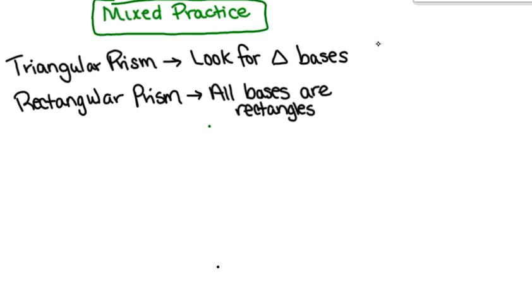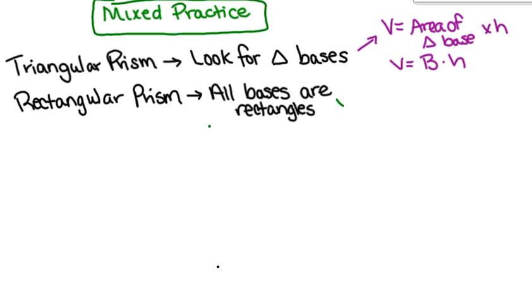Remember that for the triangular prism, you're going to use the formula volume is equal to area of the triangular base times the height. Or in other words, V equals capital B, which represents the area of that triangular base, times the height.